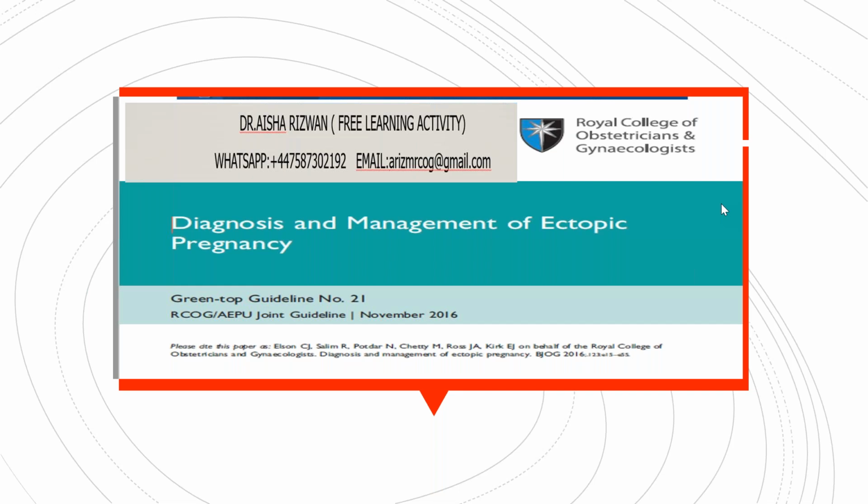So 13% of Caesarean scar pregnancies are usually misdiagnosed as intrauterine pregnancy, because you have to be vigilant when you are doing ultrasound. Take time and look at all the structures carefully, because this can be missed since it is surrounded by a very thin tissue of myometrium.